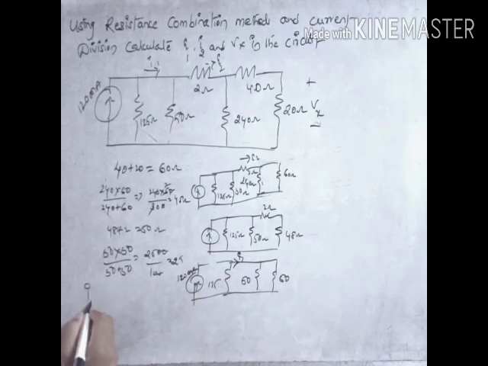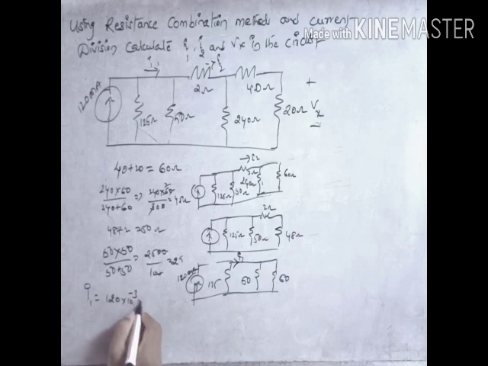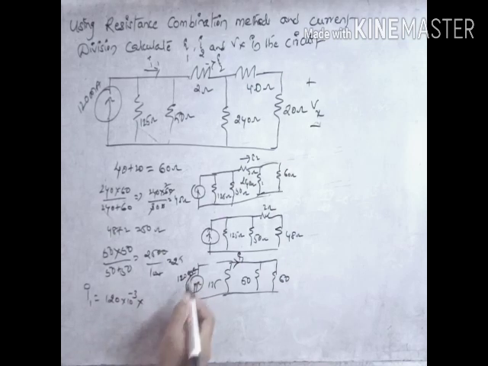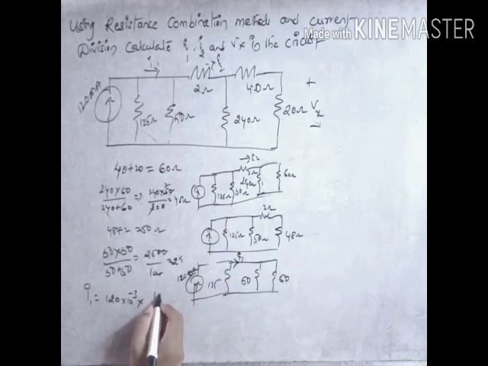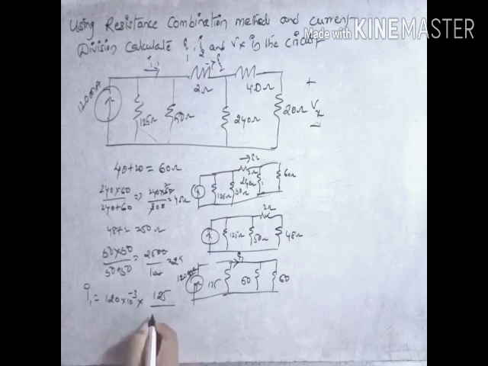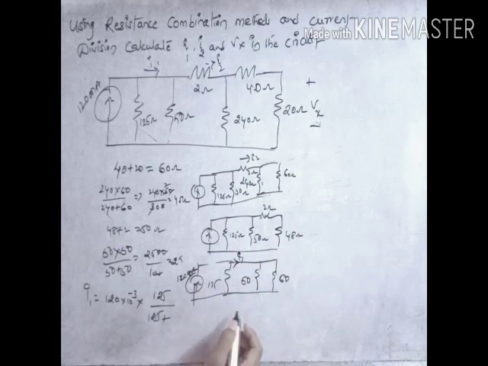So according to current division, I1 equals the total current, 120 into 10 to the power minus 3 for milliamperes, into the total resistance up to here, that is 25, this one.